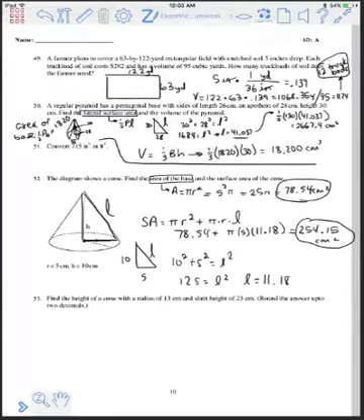Okay, I found the height of a cone with a radius of 13 and a slant height of 23. So, got this cone here.